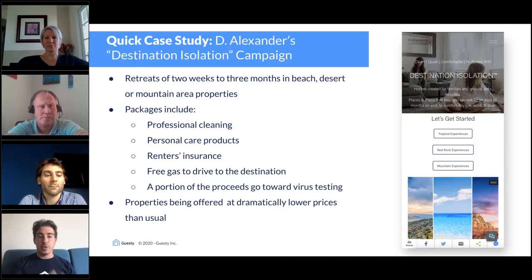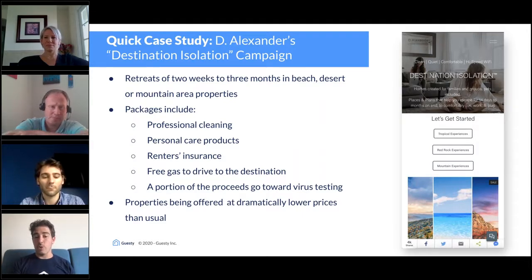Basically they talk about retreats of 2 weeks to 3 months in beach towns, deserts, and mountain areas, and they included professional cleaning as part of the package, personal care products that they actually put in the units, renter's insurance, and they even covered the gas, based on specific location, to drive up to the destination apartment or house. And a portion of the proceeds also go towards virus testing and vaccination development. And they offer all of those at dramatically lower prices than usual.